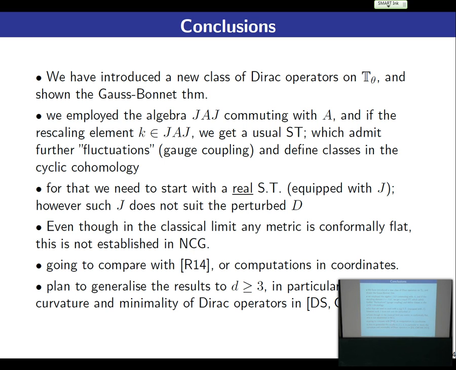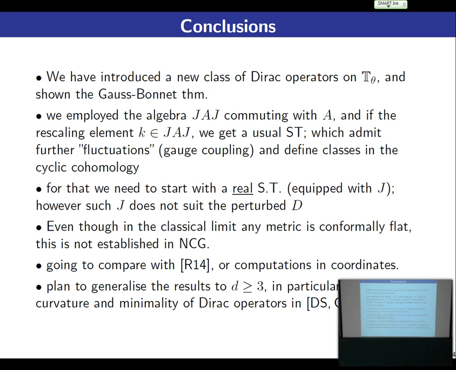Or the computation we heard here in special coordinates. So why not compute it, if it matches the computation in particular coordinates, so embedding this non-commutative torus into usual space. We plan to generalize this to higher dimension, and in particular study the case of this paper with Andrzej.